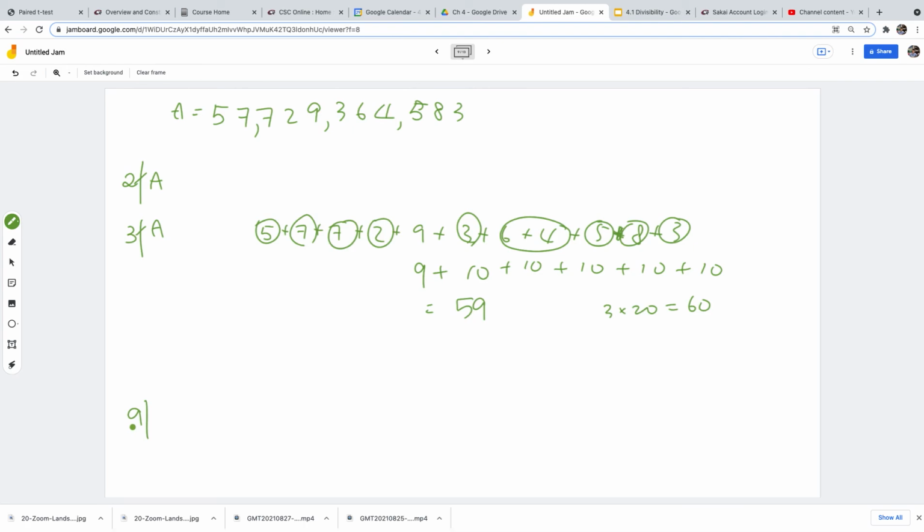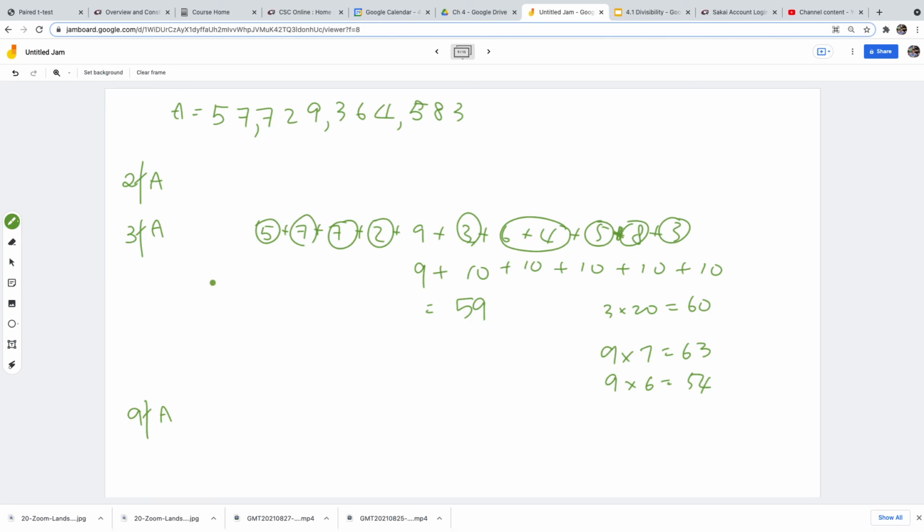No, it doesn't divide, because 9 times 7 is 63. How about 9 times 6? That's 54. 59 is in between these two numbers, so 9 doesn't divide that big number. So we are done with that.